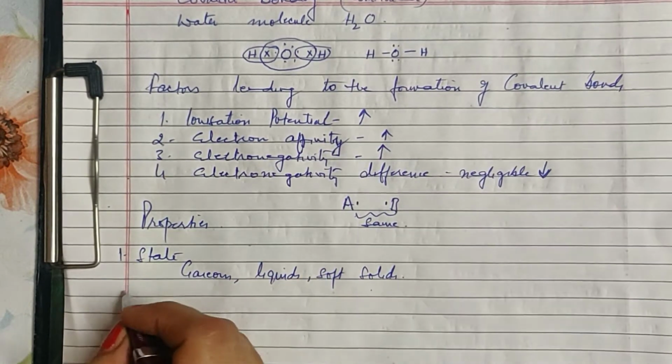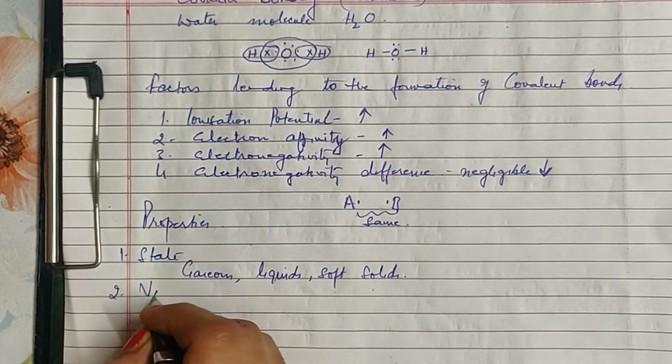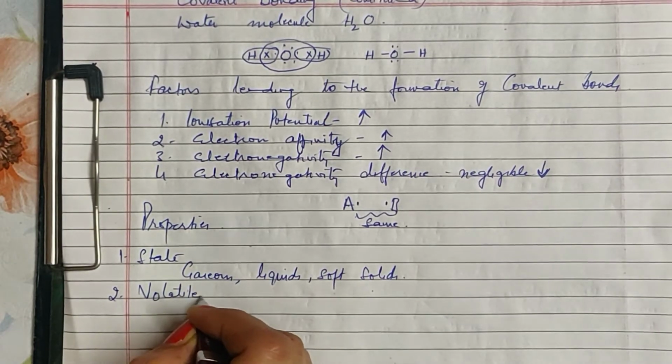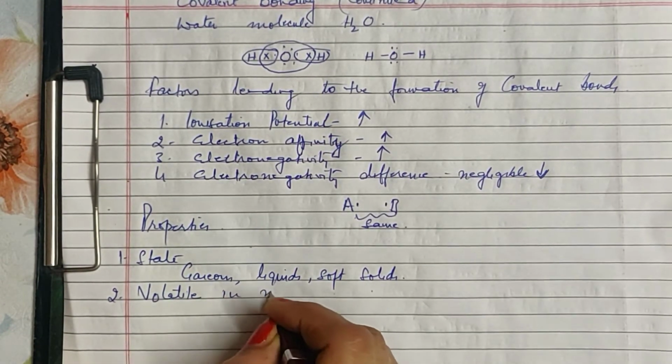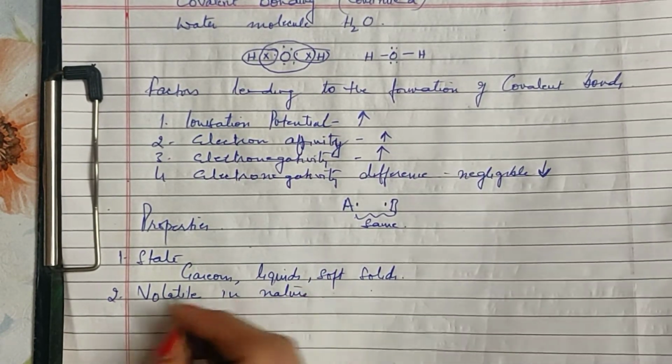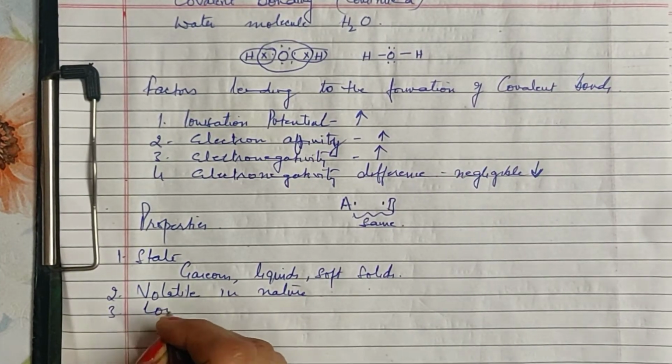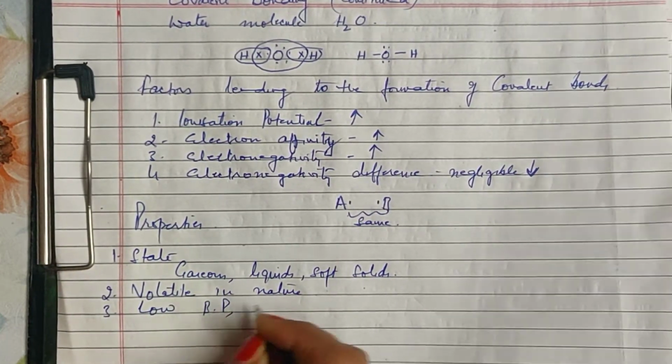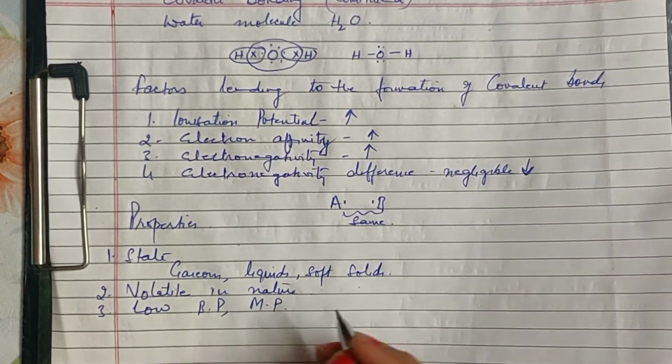Second, they are volatile in nature. That means they evaporate very quickly. If they evaporate very quickly, it means they have a very low boiling point and low melting point.